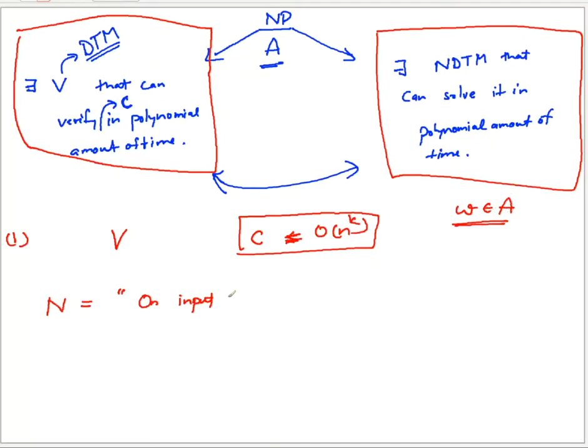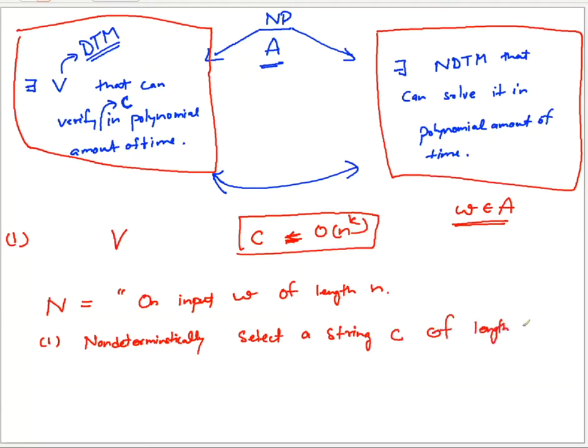So on input w, of length n, when you get this, what should this machine do non-deterministically? I am going to select a string c of length at most n to the power k. What does it mean?